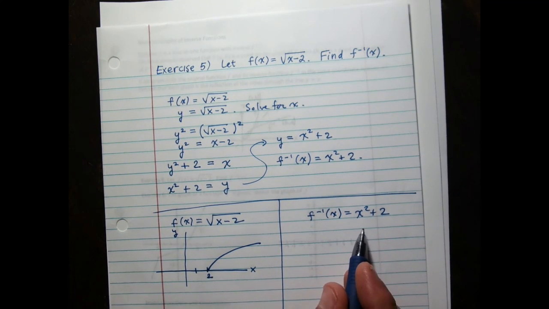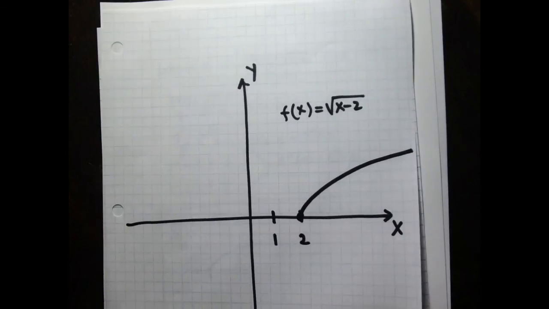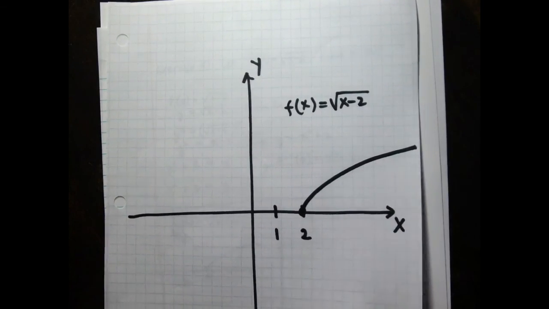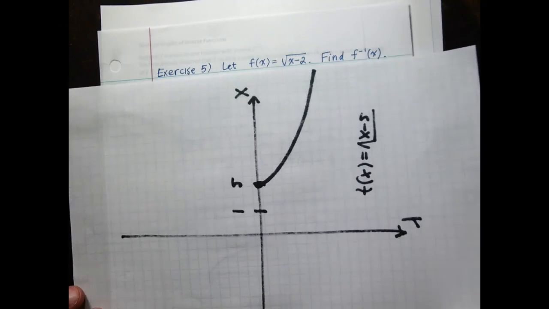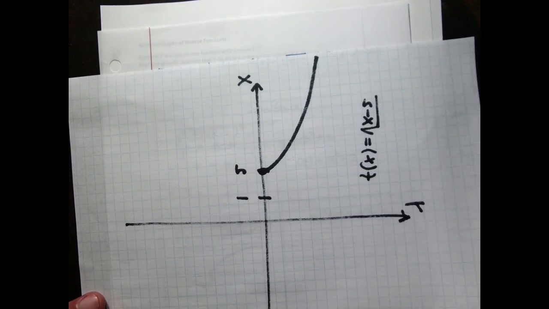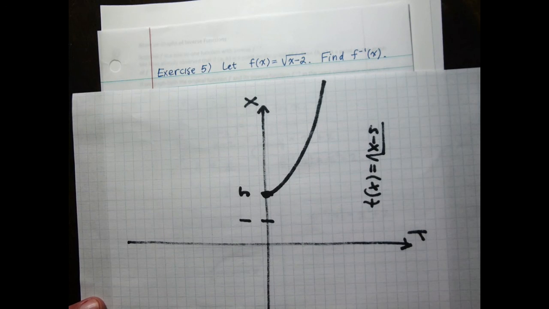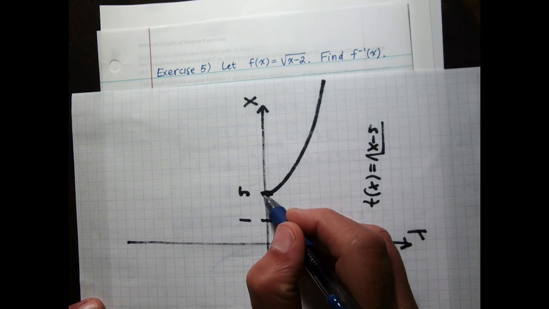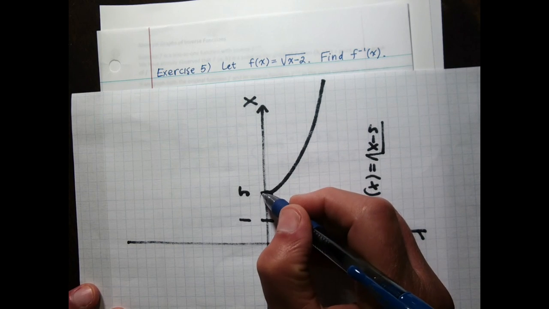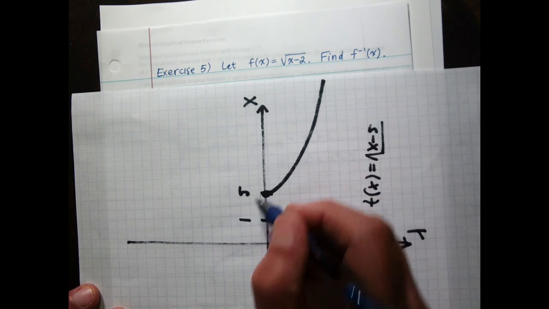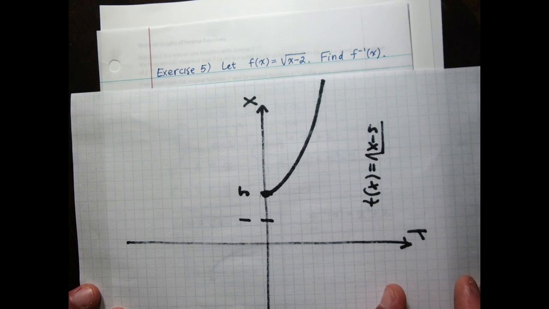Now, it's not hard for us to sketch a graph of that, I hope, when you see x squared plus 2. But I'm going to work from this picture right here and interchange the x and y axes like I was just talking about a moment ago. And notice that what we get here is this, again, curve with this point now on the y-axis, right, when we interchange, curving off to the right. That's just half a parabola.